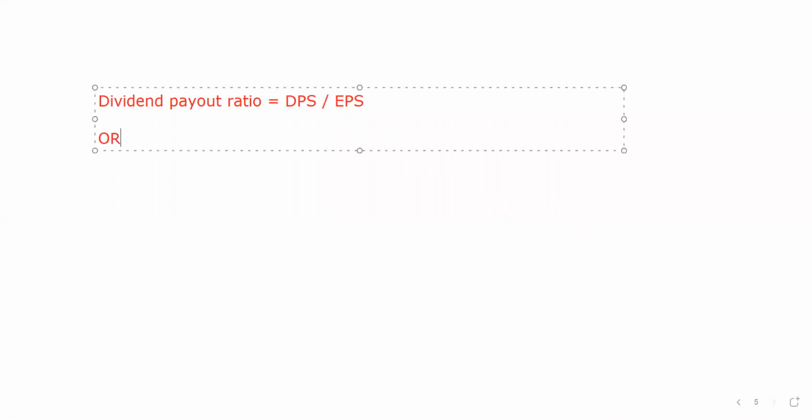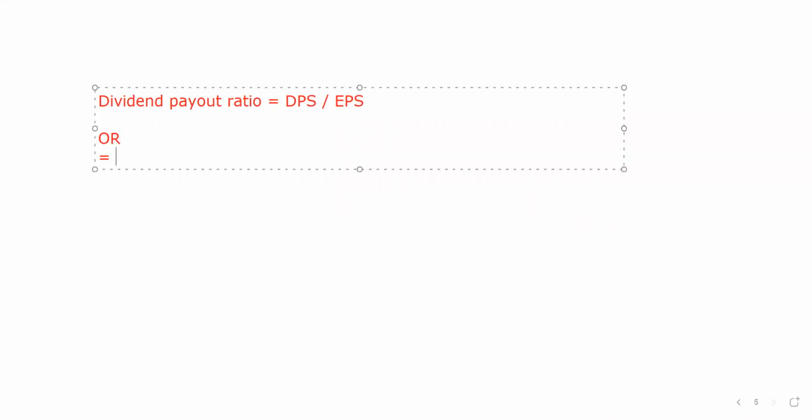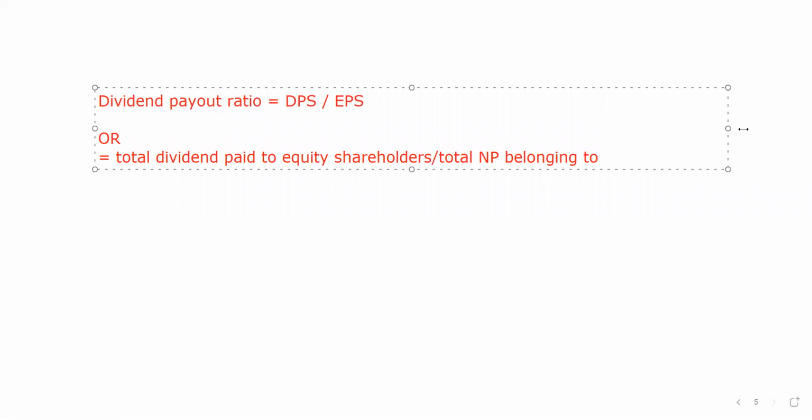DPS divided by EPS, or there is another equation: it is equal to total dividend paid to equity shareholders divided by total net profit or income belonging to equity shareholders into 100.